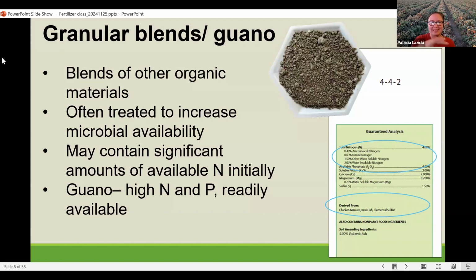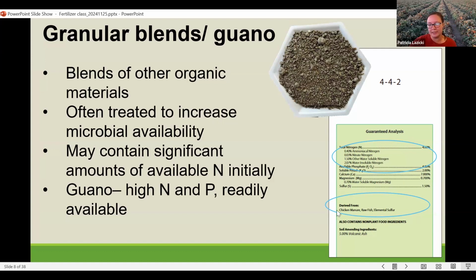Onto granular blends, pelleted blends. These are just mixes of other organic materials, and then they often undergo some kind of pretreatment to increase availability to microbes. Depending on what the feedstock is, they can contain a significant amount of available N initially, and this will generally be listed on the label, what's immediately available for plant uptake.